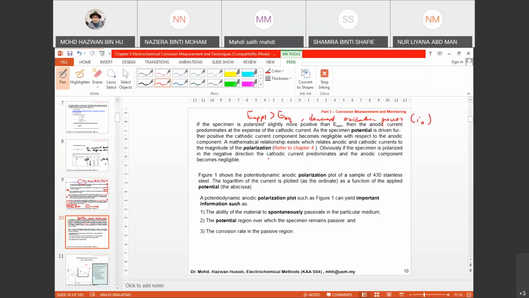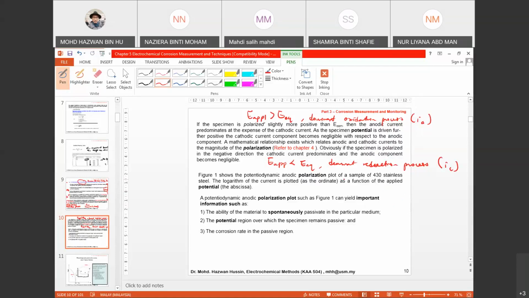So for this case, the applied potential is lower than the equilibrium potential. Then you have a dominant reduction process, and it has more cathodic current density as compared to anodic current density.